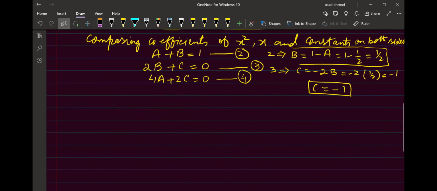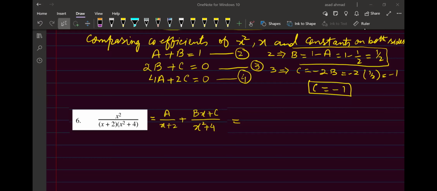So substituting the value in the original question. Okay, so the value of A will be substituted right here, 1 by 2, x plus 2, and the value of B is again calculated, half.